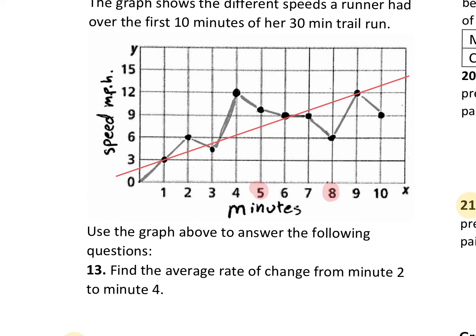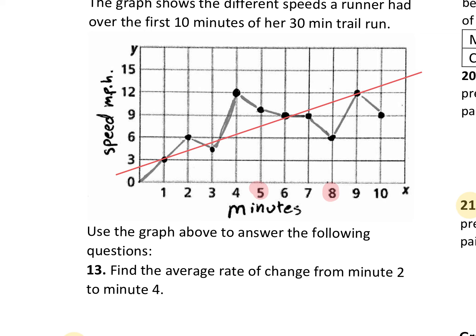Maybe minute 3 and minute 9 would also be decent, but I think minute 1 and minute 9 would be better. You want to get 2 points making a line that has an equal amount of dots on top and on the bottom.